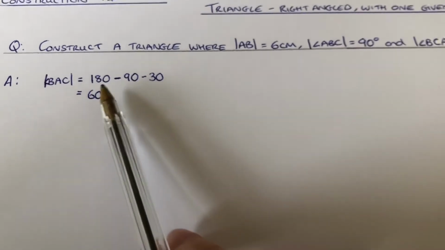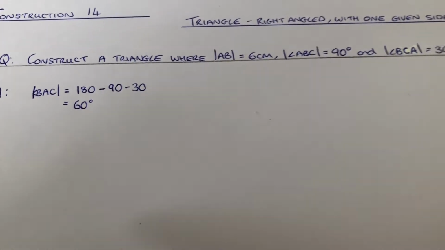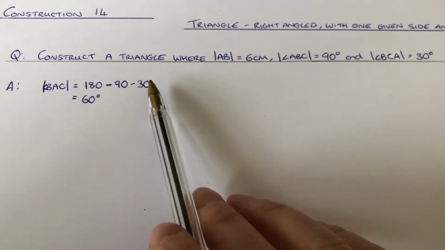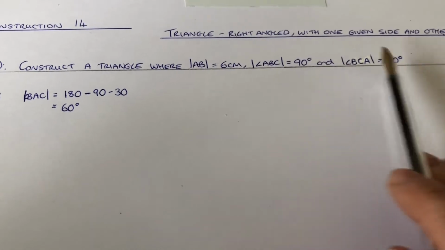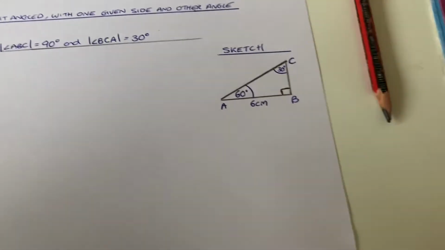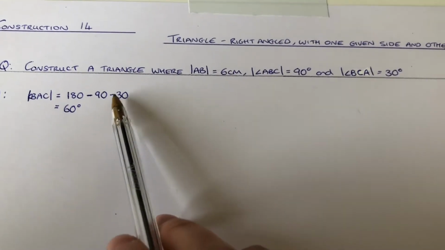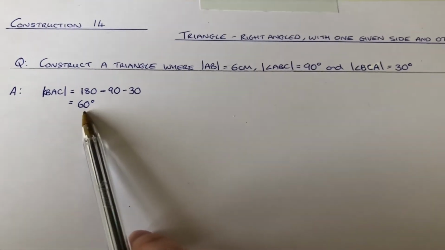I do it by remembering that there are a total of 180 degrees for all 3 angles. So if I take the 2 that we've been given in the question, the 90 and the 30, away from that 180, it tells us that what's left has to go here, and that's 60 degrees. 180 take away 90 is 90, take away another 30 makes 60.